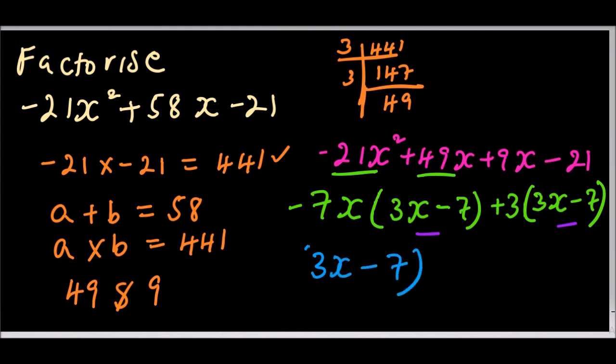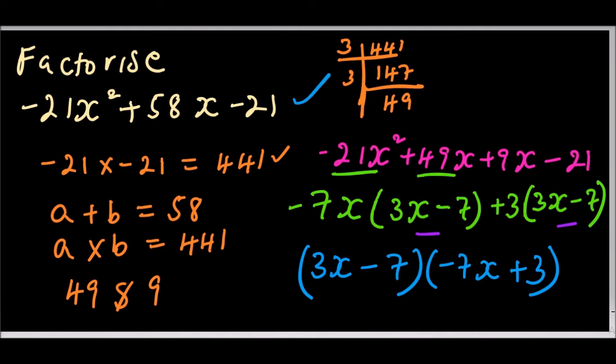You close the bracket, and we have minus 7x and then plus 3. If you expand this, you should go back to our expression here. So that is how you factorize that.